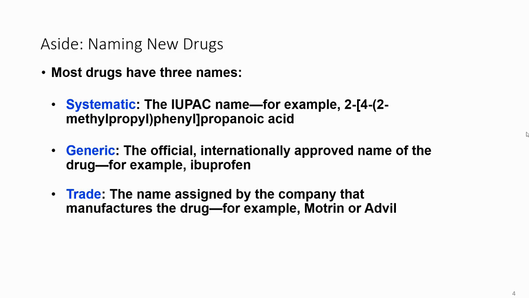The generic term would be ibuprofen, and the trade name would be Motrin or Advil. These are companies that have patented the way they make this molecule, and they're going to sell it, so they have some rights to that and use this name. Ibuprofen is the generic name, and this is the IUPAC systematic name.